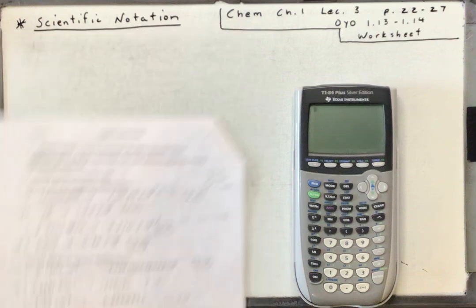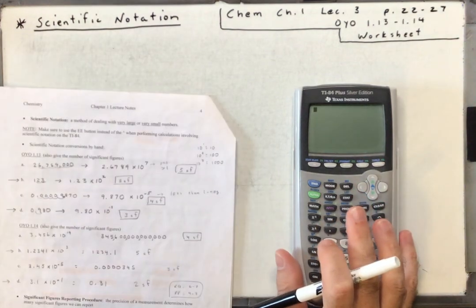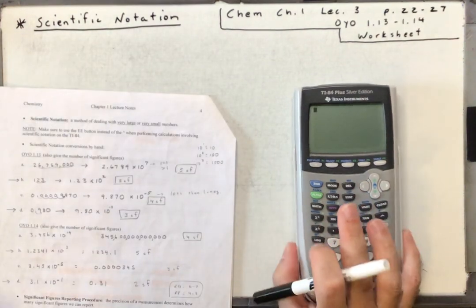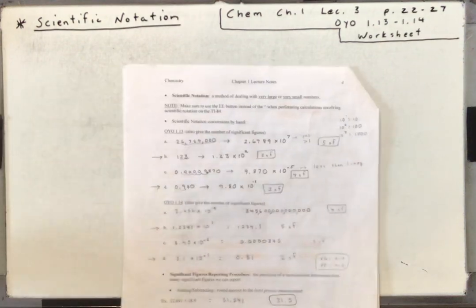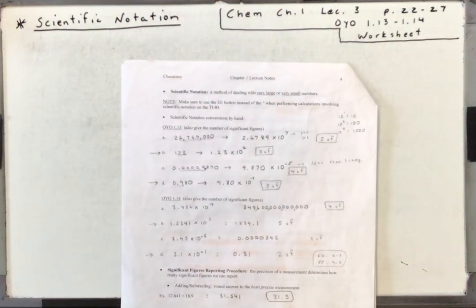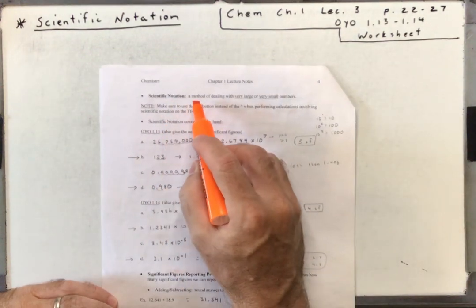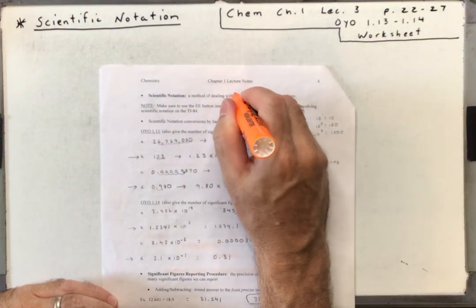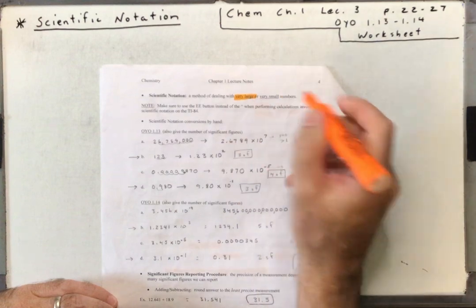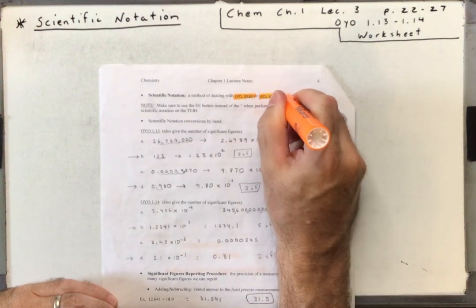All right, so in the book, the first problem you're going to work is on page 25. You'll need a highlighter also. So scientific notation is a method of dealing with very large and very small numbers.